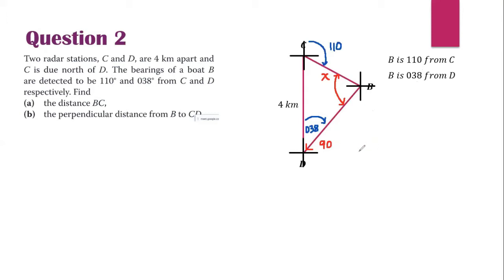Sorry, I want to write here 52. 90 degrees minus 38, we got 52 degrees. We can write here 52 degrees, right? And then here is 110. So here is 90, automatically here is 20. Is it correct, everyone?